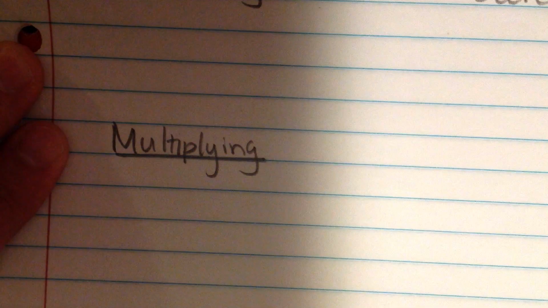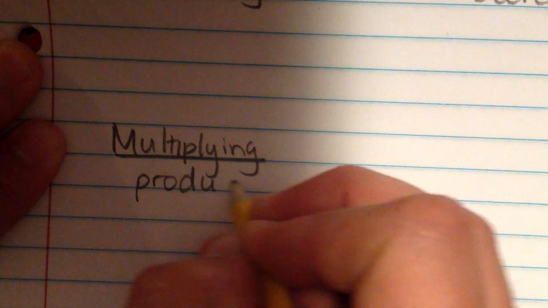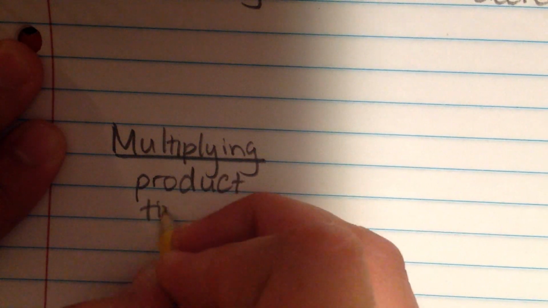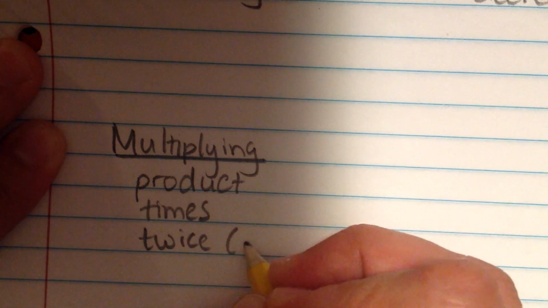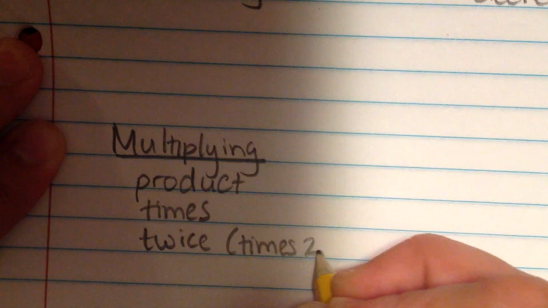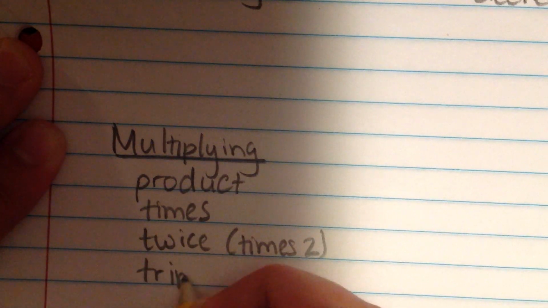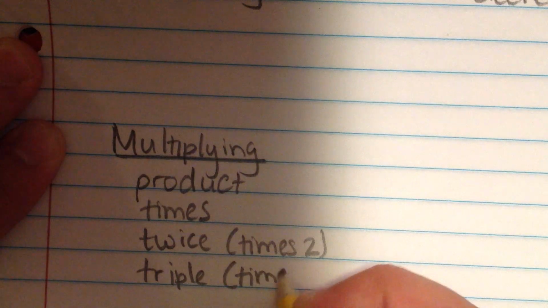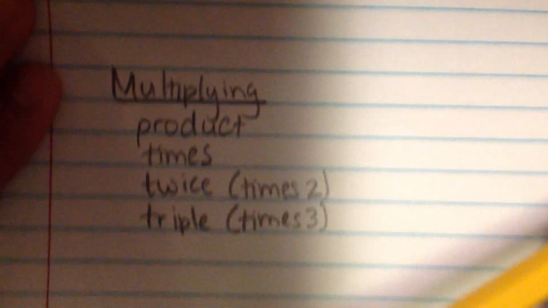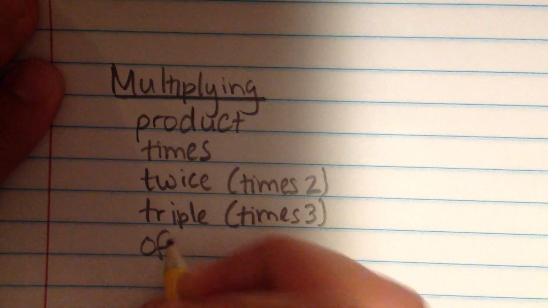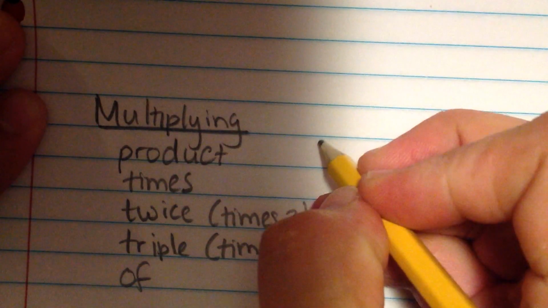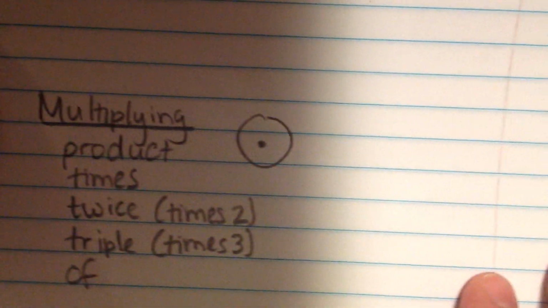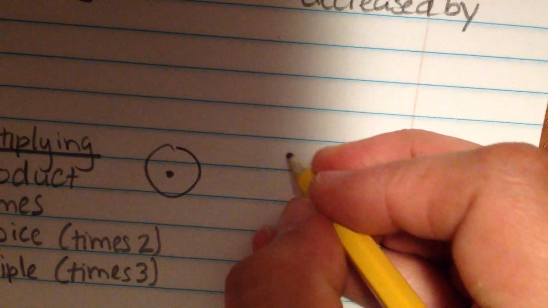Some multiplying words would be product, that's the answer to a multiplication problem, times, twice actually means times 2, triple actually means times 3, or if you have the word of, that means multiplying. Those all mean multiplying.